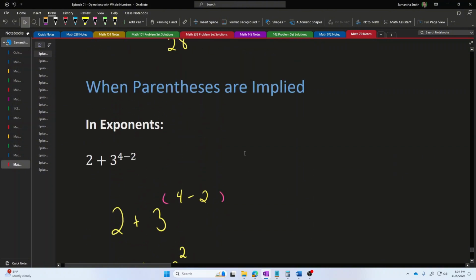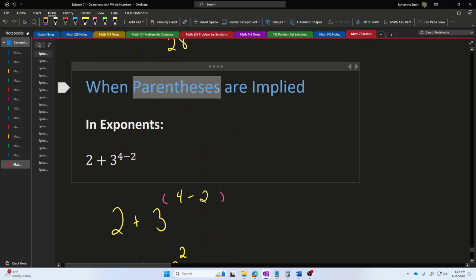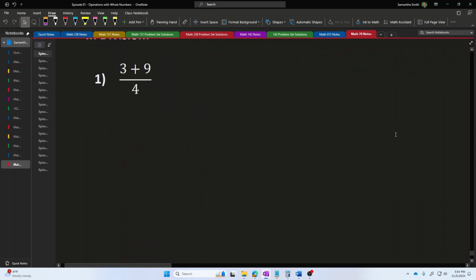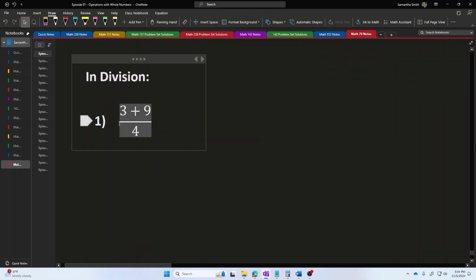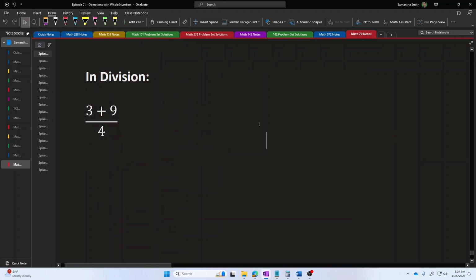The other situation where you don't actually see parentheses, but they're understood to be there as far as PEMDAS is concerned, is when you're doing division. For example, if someone says, I have 3 plus 9, and all of that is over a gigantic horizontal bar with 4 underneath, what they want you to do is to complete all of the operations above the bar and below the bar.